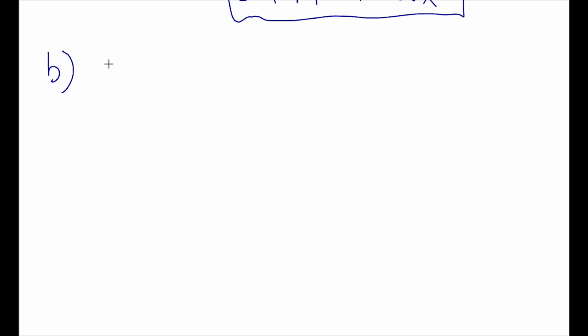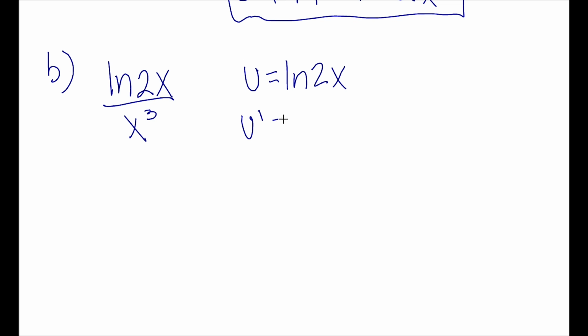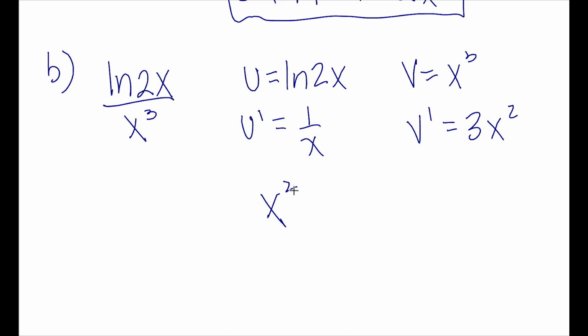Then quotient rule, ln of 2x over x cubed. My u is ln of 2x, and therefore u prime is 1 over x. My v is x cubed, and v prime is 3x squared. Remember your order. x cubed times 1 over x gives you x squared.